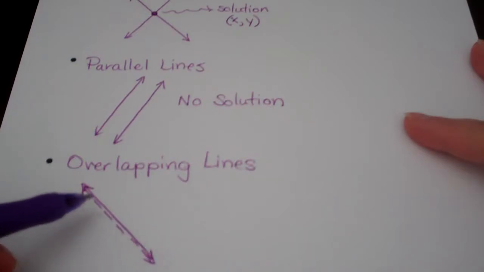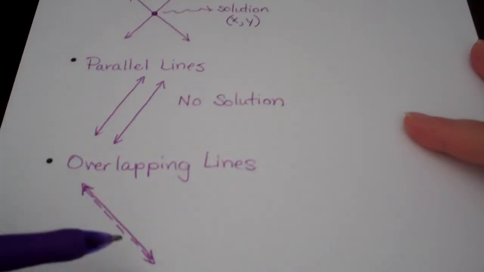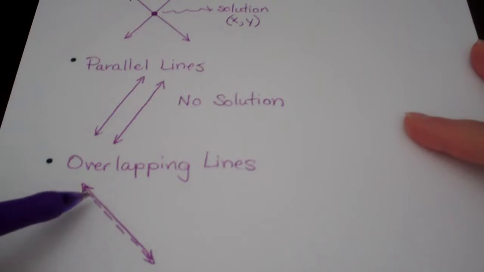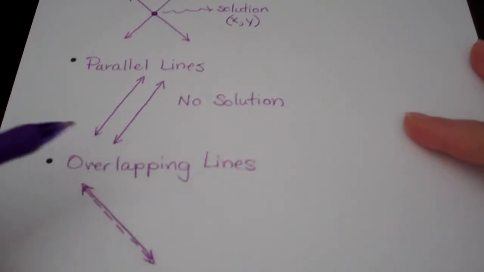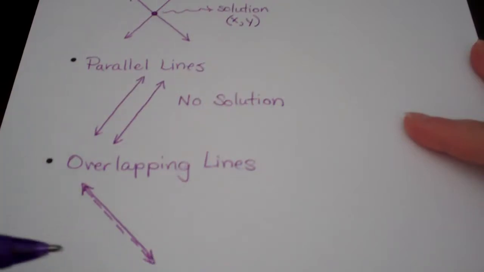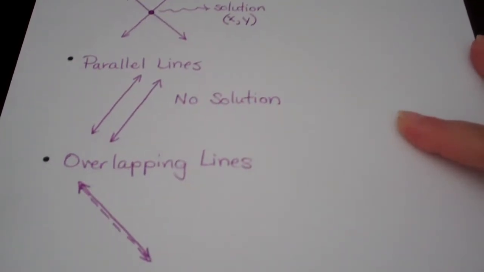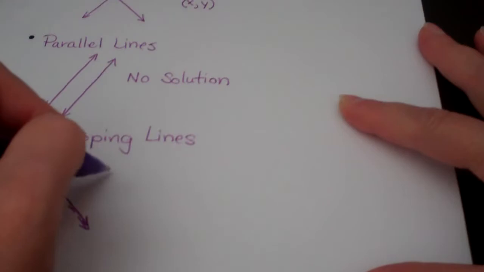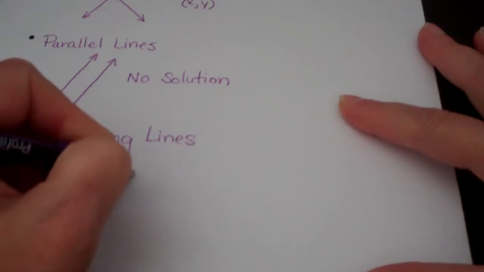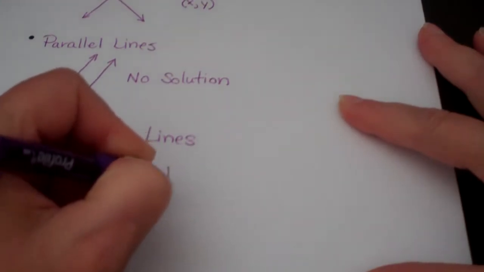All the points on this line they share because they're essentially the same line. Now I like to point out that although there are infinitely many points on this line, this is not all real numbers or all points in all of two-dimensional space, right? We are restricted to points only on this line, but there just happens to be infinitely many of them. Okay, so in this case, we'll just say that we have infinitely many solutions.